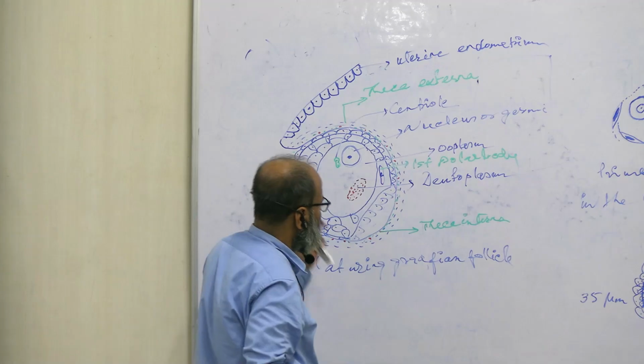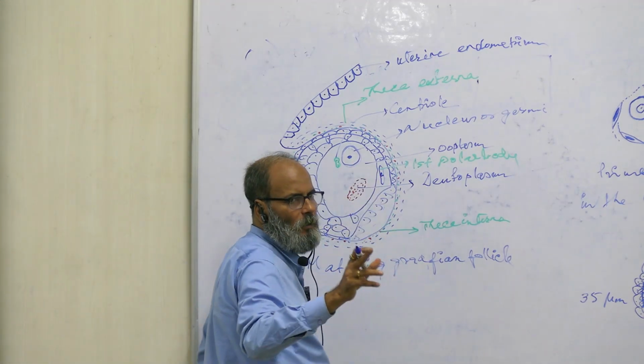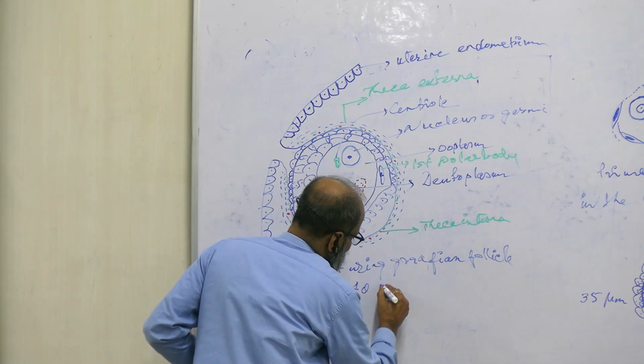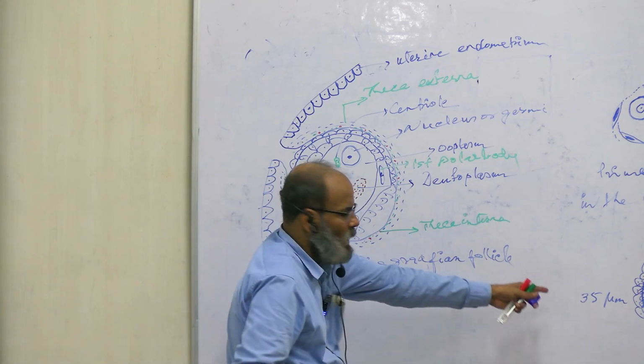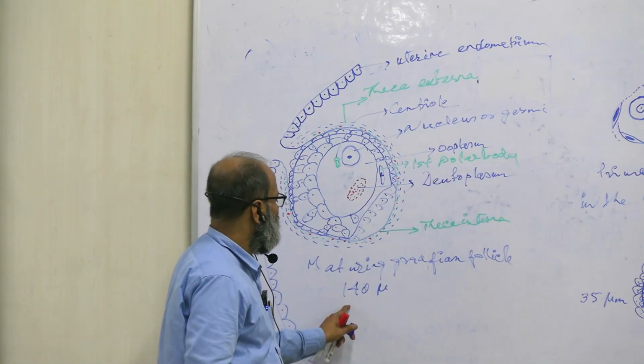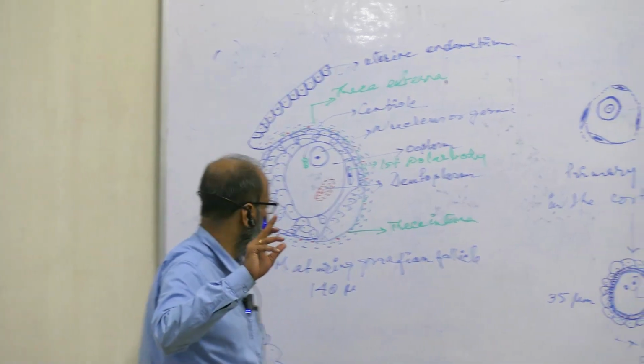The Graafian follicle has the secondary oocyte of the size 140 micron. That was 35 micron in primary oocyte. In case of secondary oocyte, it is 140 micron. These two denominations you have to remember.